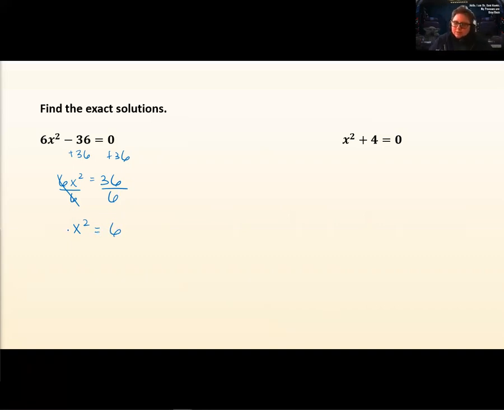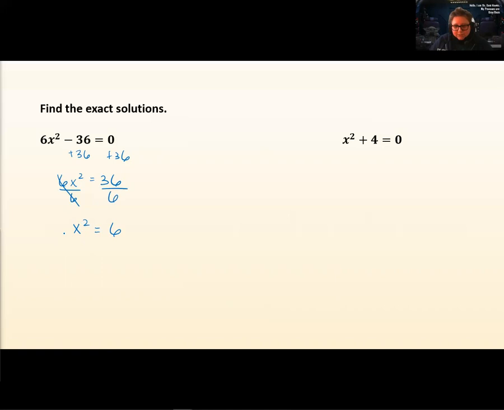All right, and now this x is squared, but we want just x. So what's the opposite of squaring something? Good job. Someone messaged to square root it.